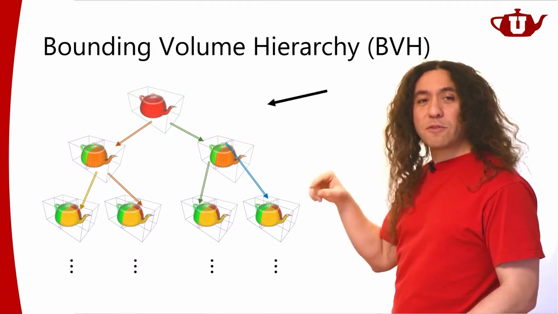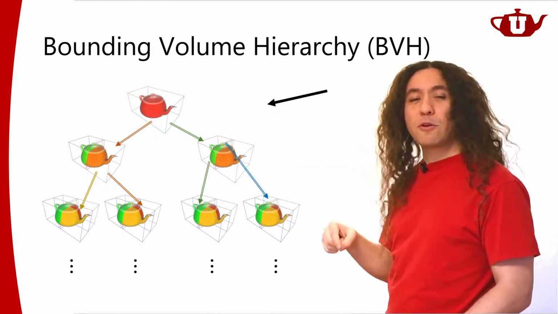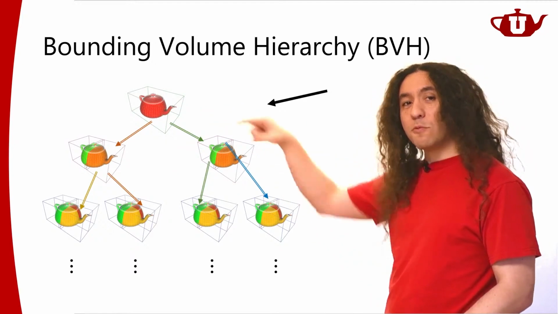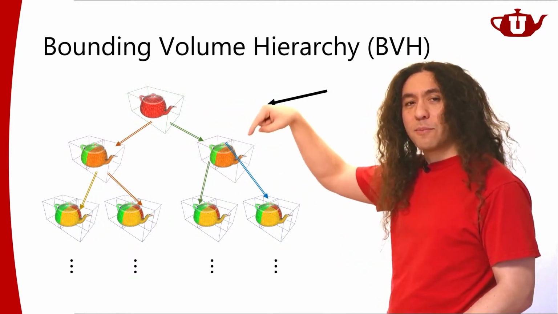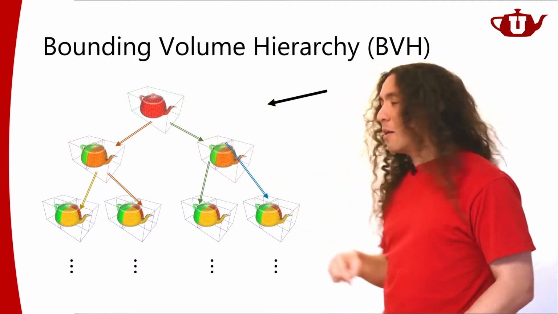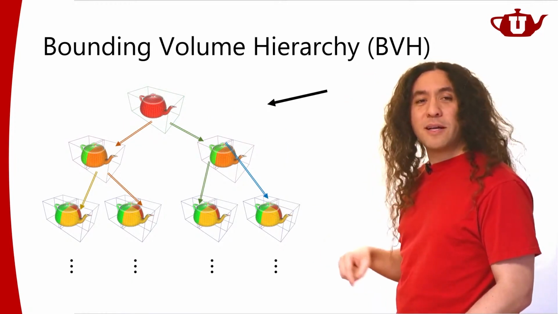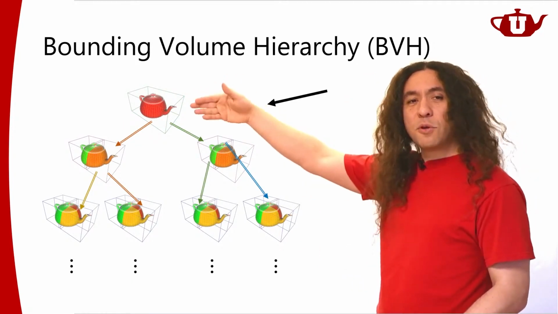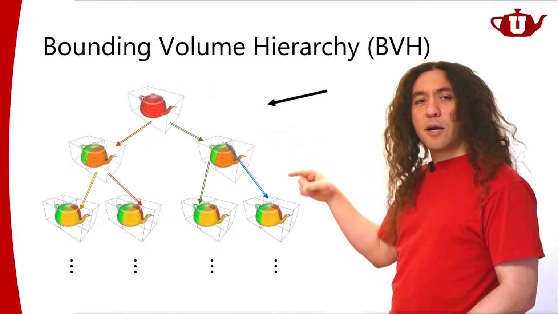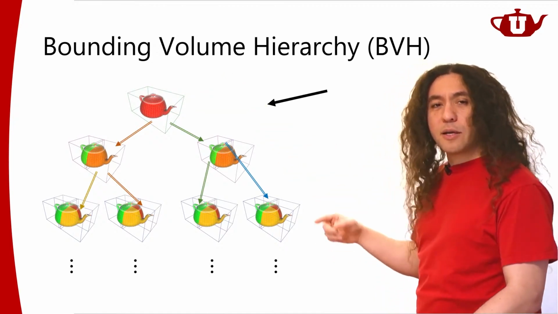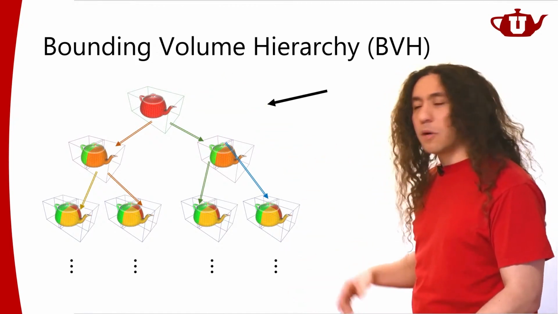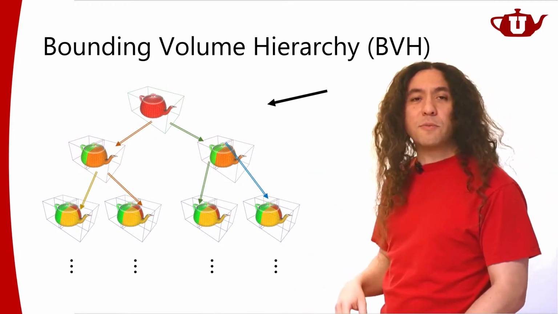At the next level of the tree, I have, let's say, two bounding boxes. One branch is for one of the bounding boxes, the other branch is for the other bounding box. So there's a root node, a child node, and a child node of the child node. It goes all the way down to however deep you need it to be.